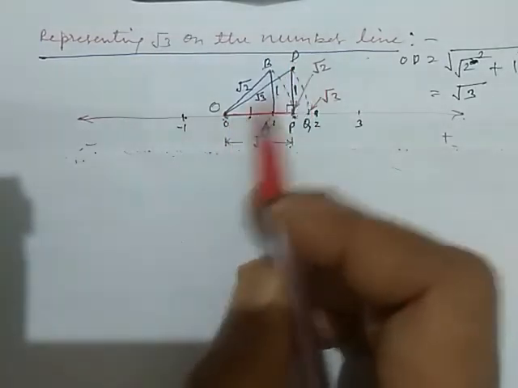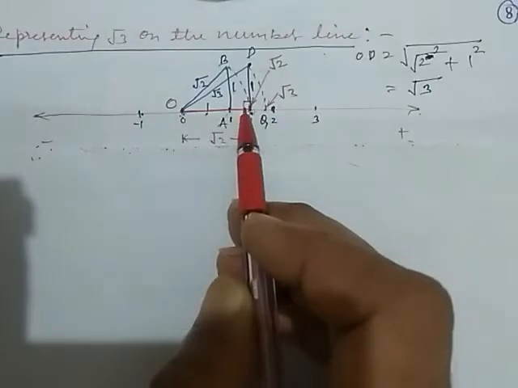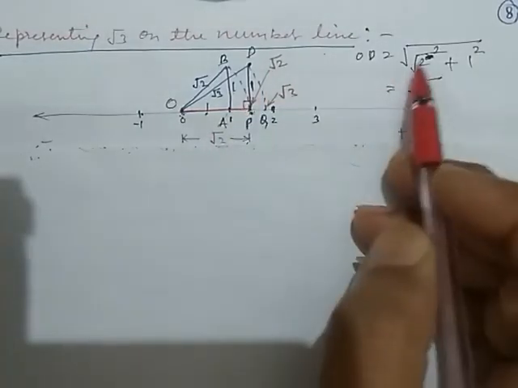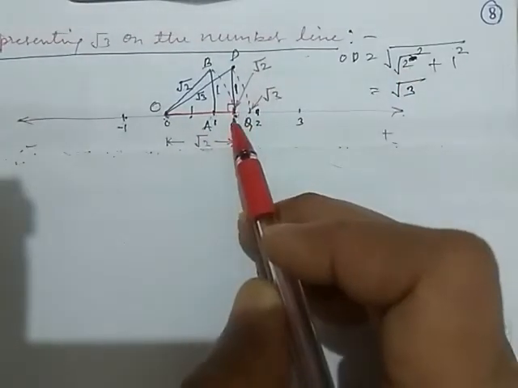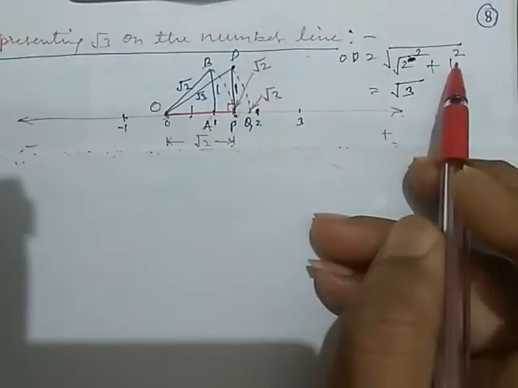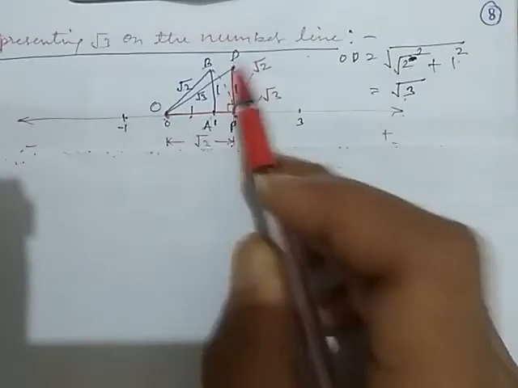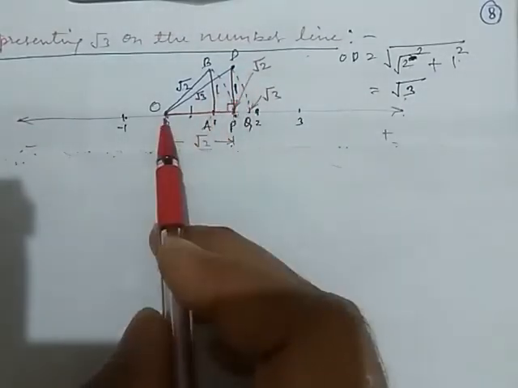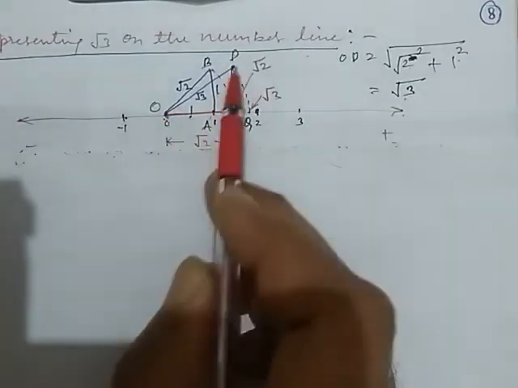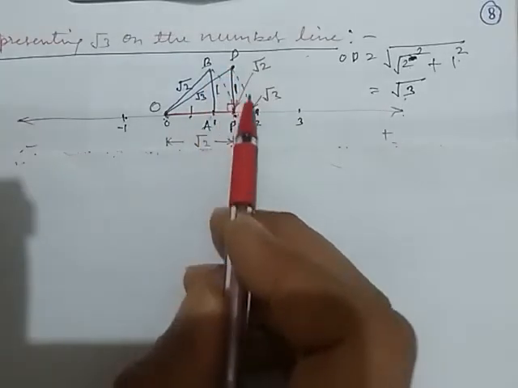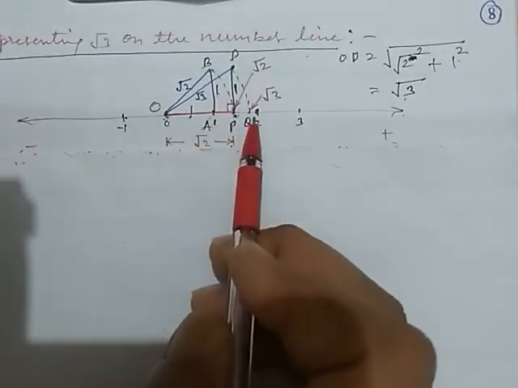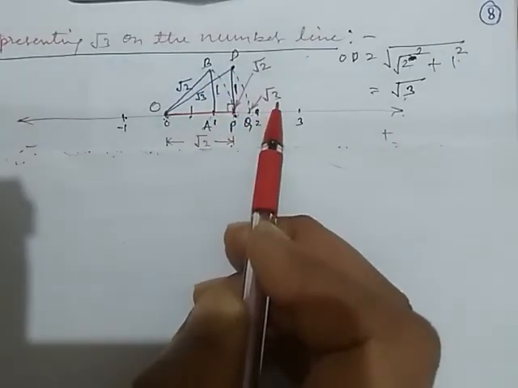So how do we find this hypotenuse? This OP is the base, which is root 2, so root 2 square, and this PD is 1, so 1 square. We find root 3 as OD. Now take O as center and OD as radius and draw an arc which is meeting at Q. This is our root 3.